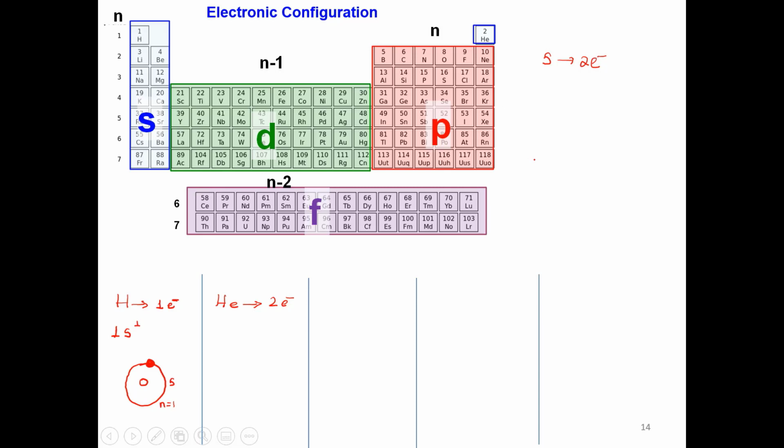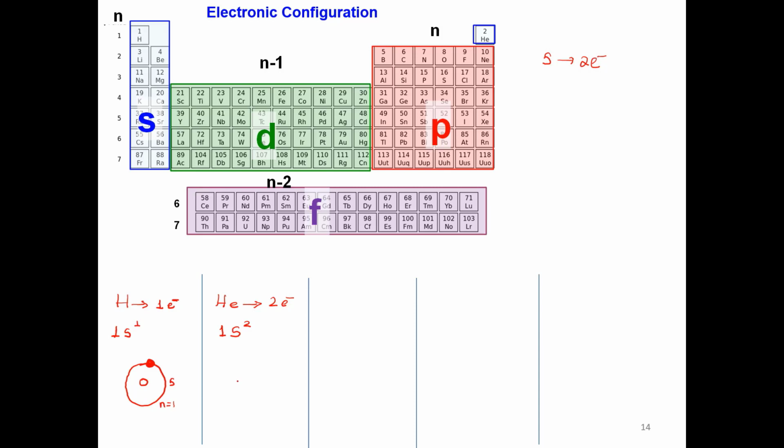Helium belongs to the S group, in the first row, S block, and it's in the second column, 1, 2. This is why we write 2. This is the electronic configuration of helium.